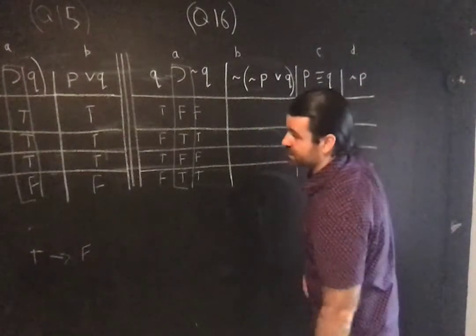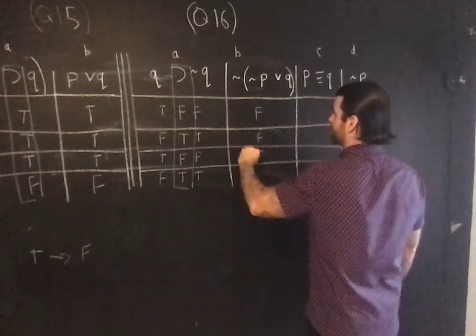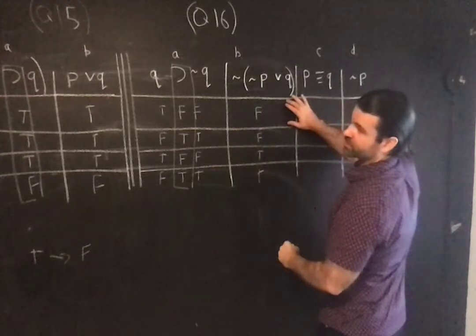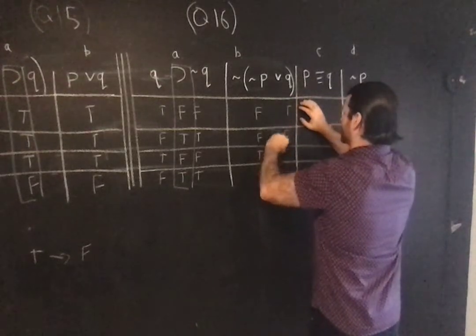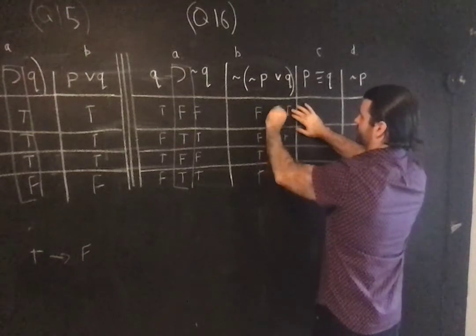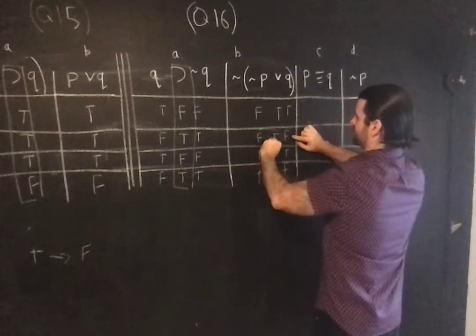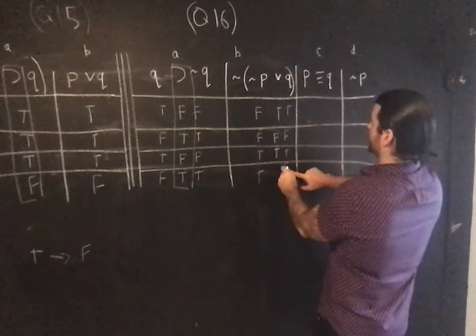Not P is false, true. Q is true, false. So true, false or true? False or false is which one? False, true. Is it false?